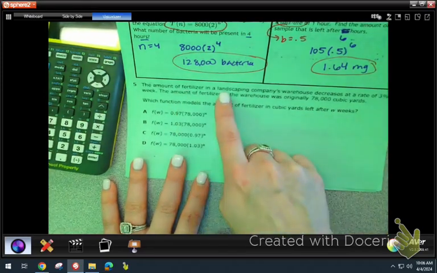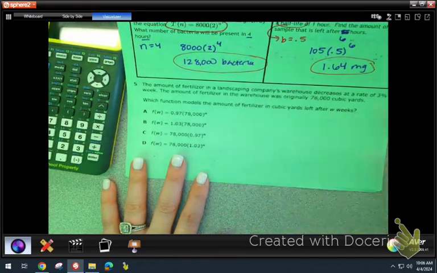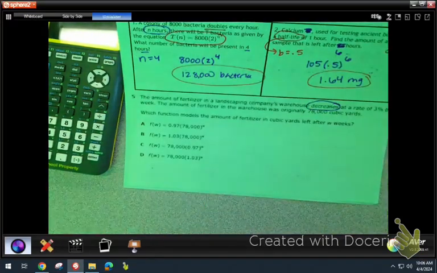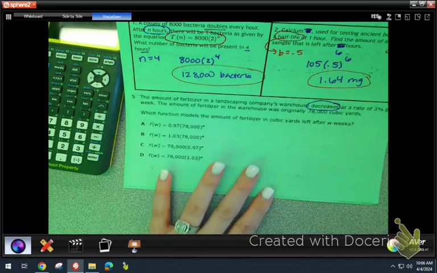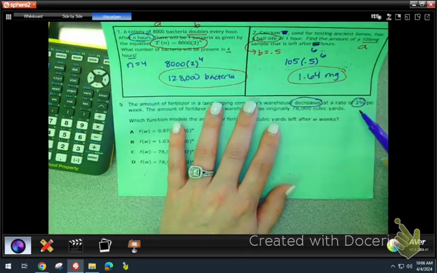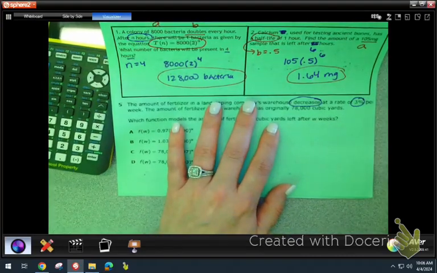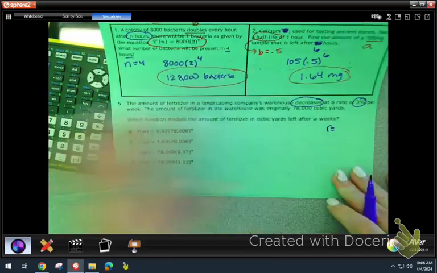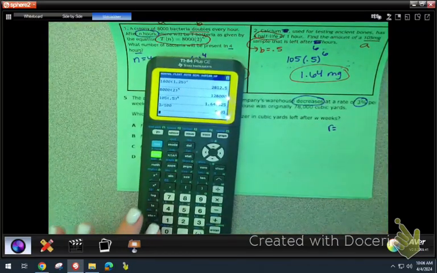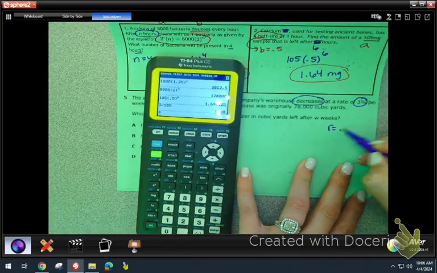It says the amount of fertilizer in a landscaping company's warehouse decreases. You always want to circle that indicator, whether it's growing or decaying. That's important. It decreases by a rate of 3%. Immediately, percent. What do I need to do with that 3? Divide it by 100. So 0.03.